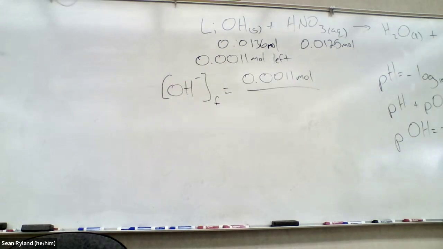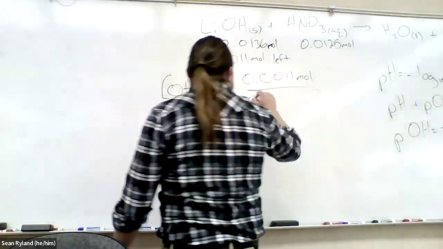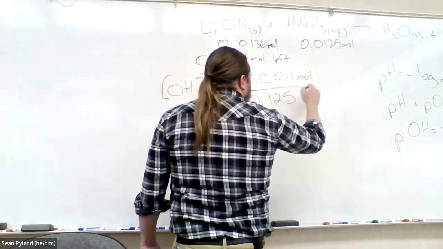Our final volume is 125 milliliters. We took 0.3 grams, so a pinch of salt, and we added it to 125 milliliters of the solution. So our final volume is 125 milliliters still, or 0.125 liters.